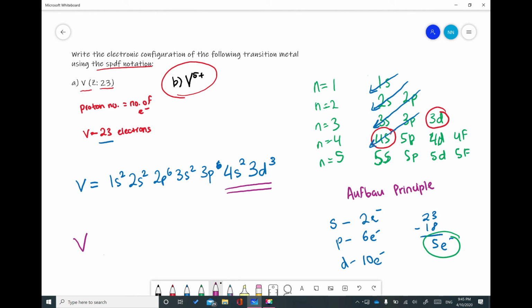So vanadium 5+ would have 18 electrons: 1s2, 2s2, 2p6, 3s2, 3p6, and that's it. Vanadium has lost 5 electrons to achieve the octet electronic configuration. So this is the vanadium ion electronic configuration in spdf notation.